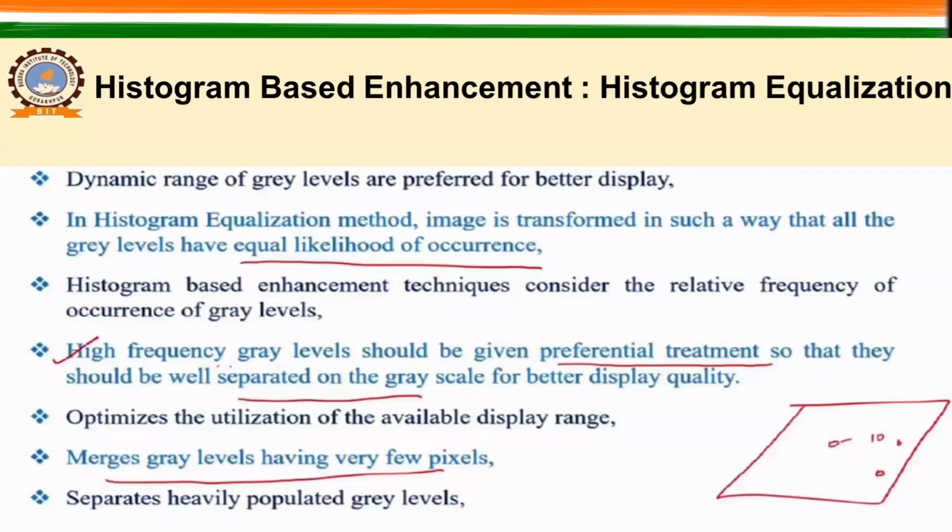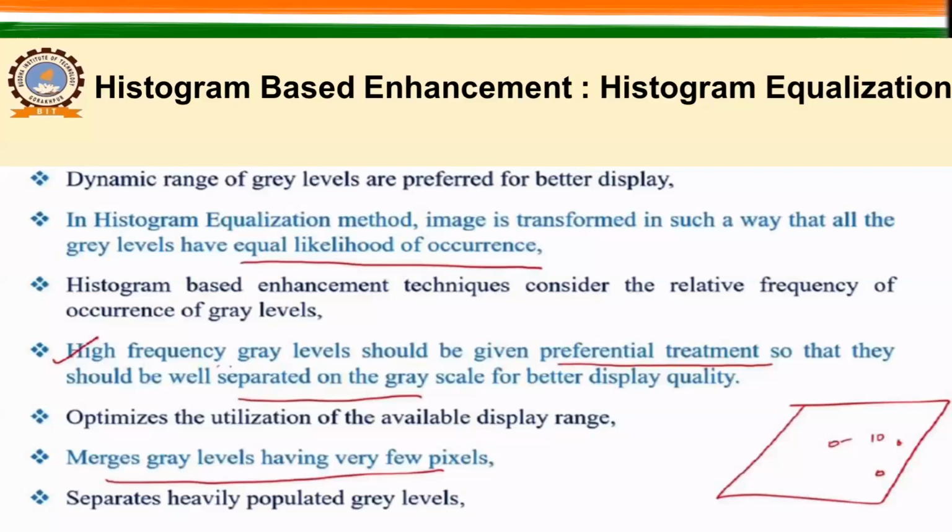So histogram based enhancement techniques consider the relative frequency of the occurrence of the gray levels, and high frequency gray levels should be given preferential treatment so that they are well separated on the gray scale for better display quality. You might be remembering from the previous slide, in the brighter portion you need high contrast.